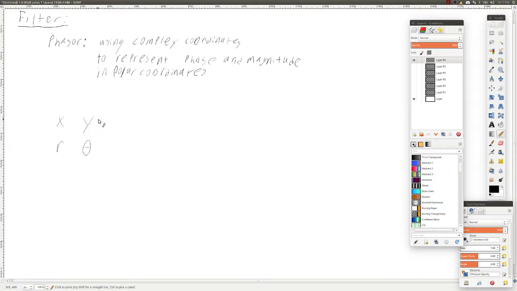So in regular coordinates you would have x and y, for example 3 comma 2.